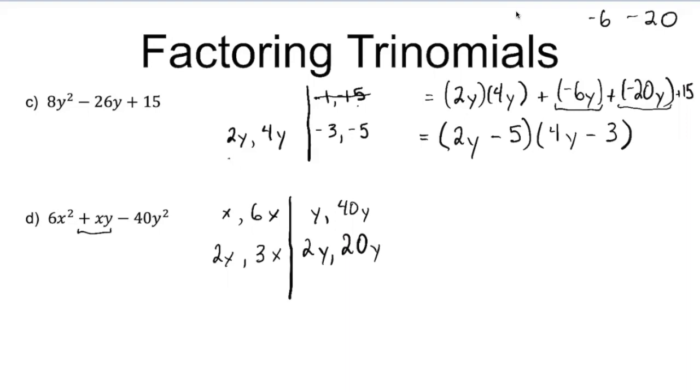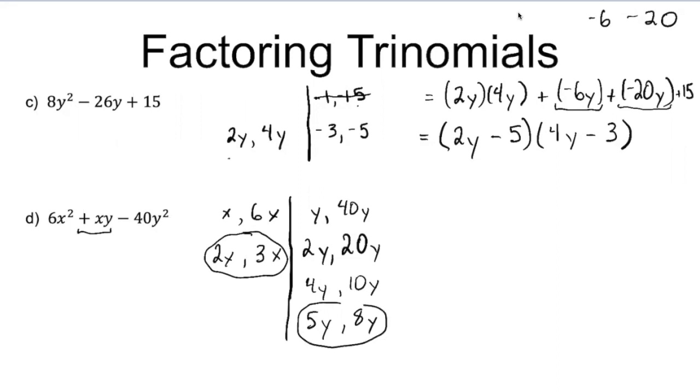Then I move on to my next two, which are 4y and 10y. And then I finish off with my last two, which is 5y and 8y. And I am inclined to go to 2x and 3x and 5y and 8y.